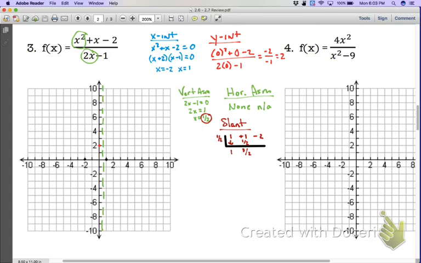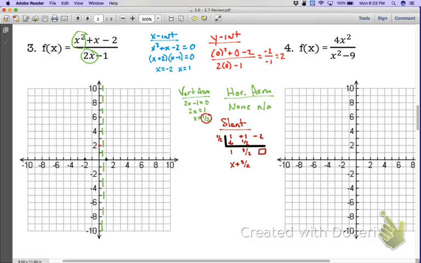Multiply that by 1/2. We're not really worried about all that. Really, this part right here doesn't matter. So I have x plus 3/2. You can also call this 2x plus 3, however you want to look at it.